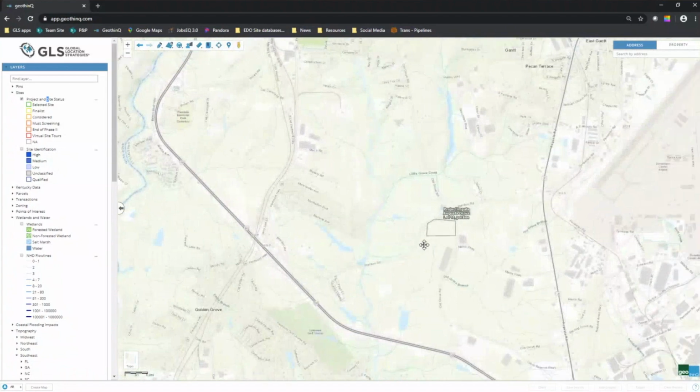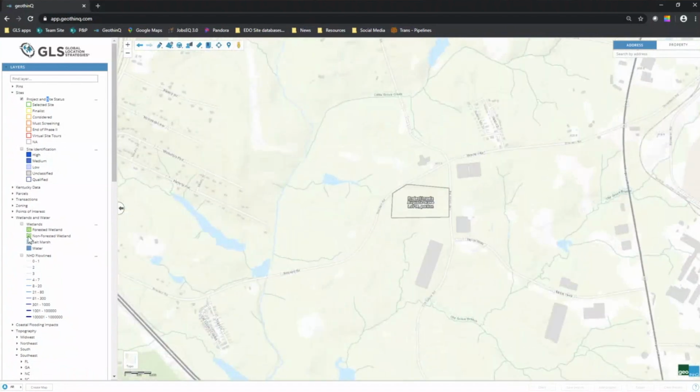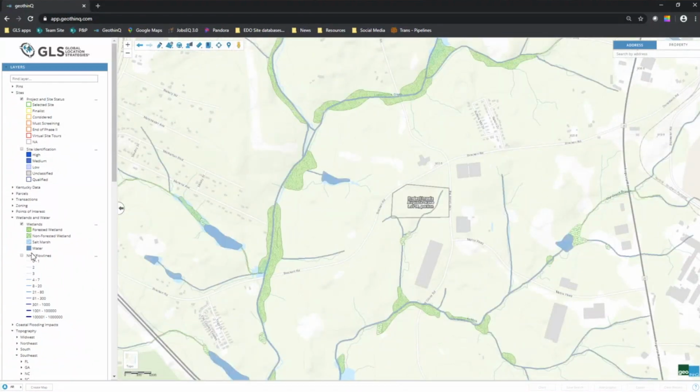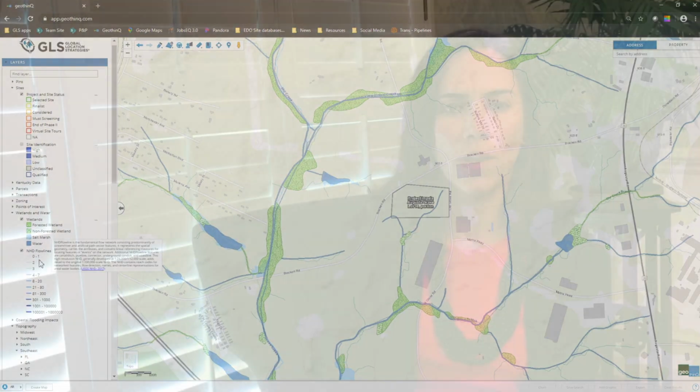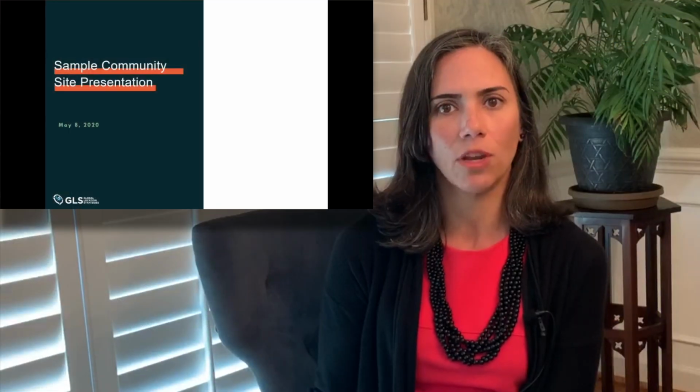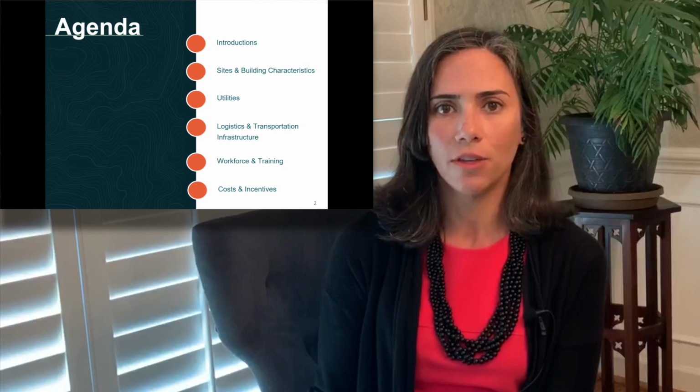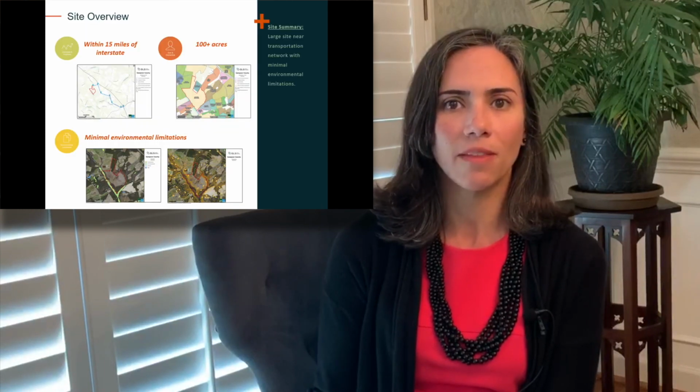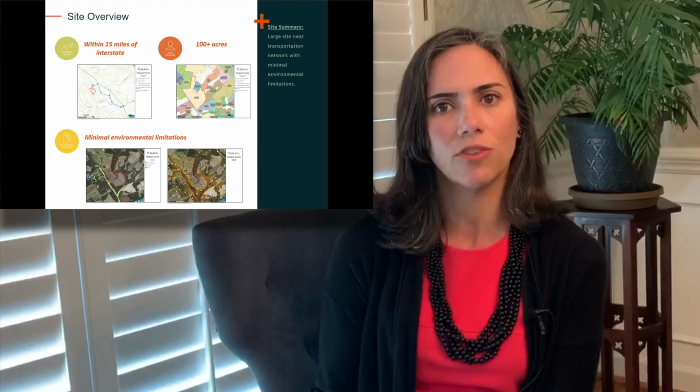So having relevant maps and different things to orient the client will help get the visit off on the right start. Also, a PowerPoint could be helpful in telling the story of the community. You can have slides with lots of visuals to, again, orient, tell about the community, highlight some workforce programs and things that you have as well. Having that PowerPoint can make the visit go more smoothly and really keep the transition going throughout the process.